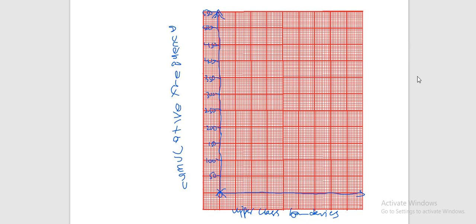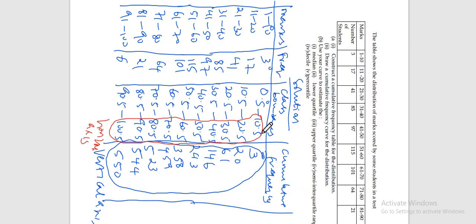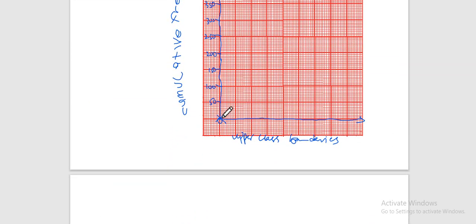The first upper class boundary we have here is 10.5. So we're running from 10.5 to 100.5. So this is 10.5.